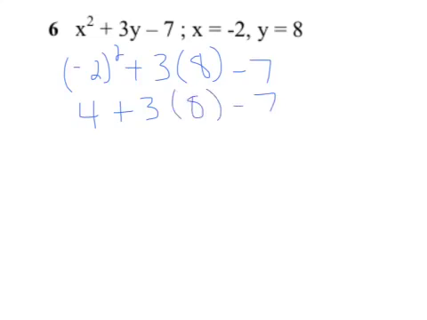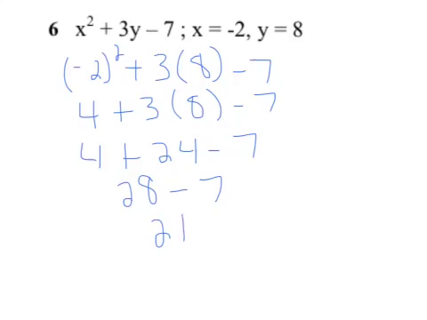I move on to multiplication and division. I see multiplication, so it's 4 plus 3 times 8, which gives us 24, minus 7. Addition or subtraction from left to right. 4 plus 24 is 28. 28 minus 7 is 21.